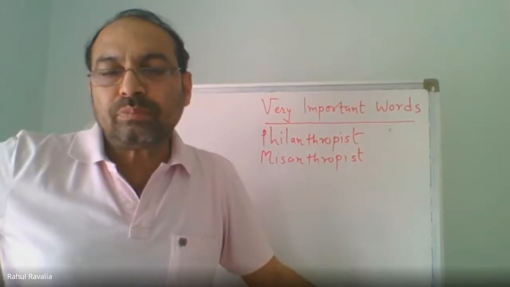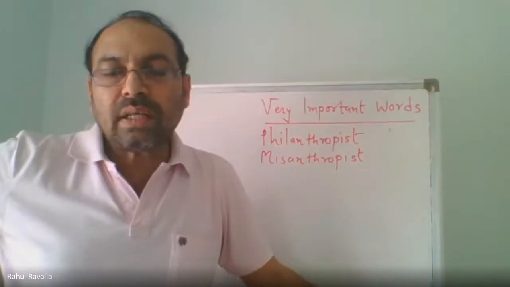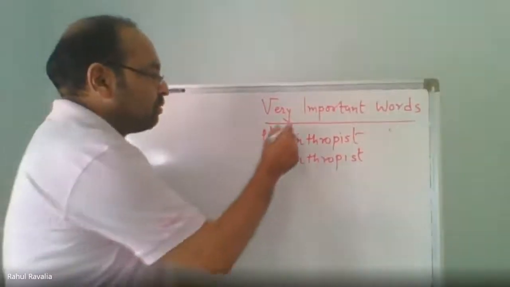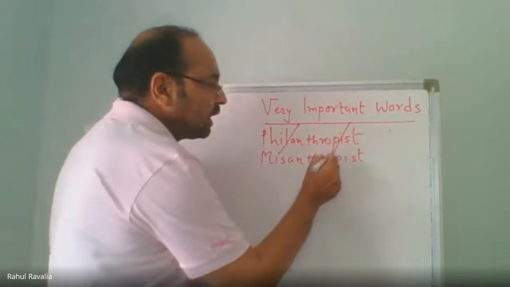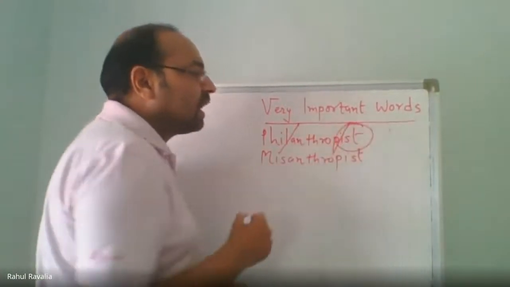Yes, Manali. Sir, I think three. Tell me which three are there. Sir, Phil, Anthro, and Ist. So there are three morphemes. One is Phil, another is Anthrop, and another is IST.